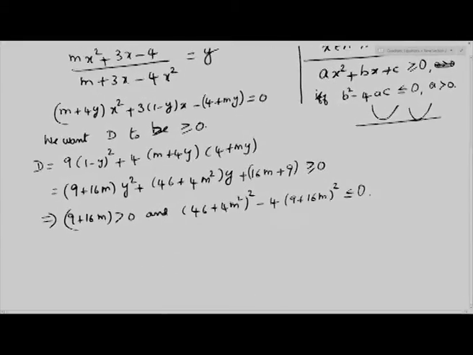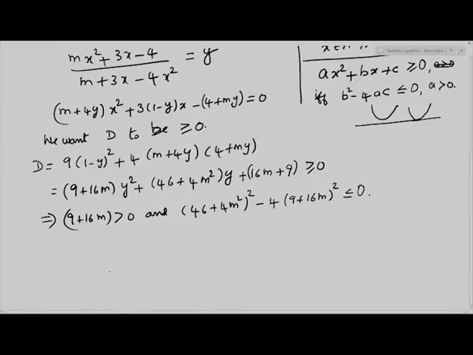Now, if I simplify this, I end up with 16 times m square plus... I can apply the formula a square minus b square is equal to a plus b into a minus b, then it becomes 16 into (m square plus 8m plus 16), one factor, and another factor (m square minus 8m plus 7), less than or equal to 0.